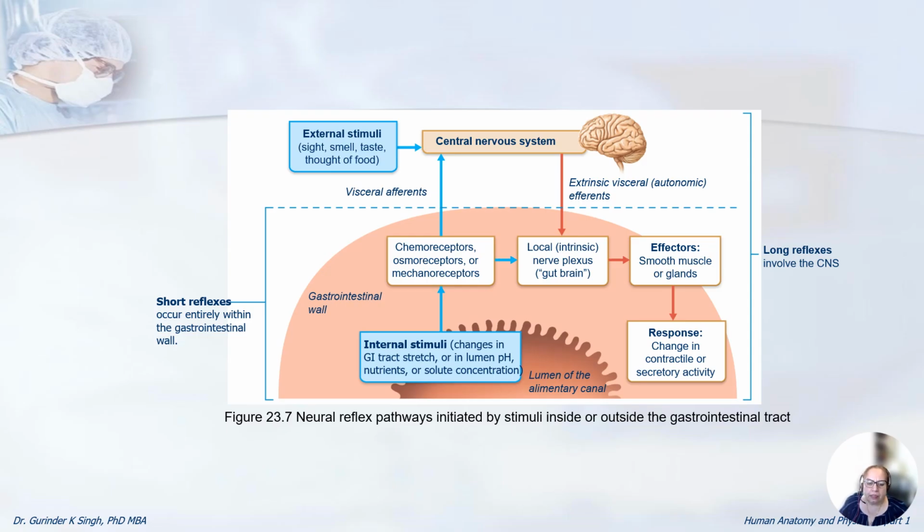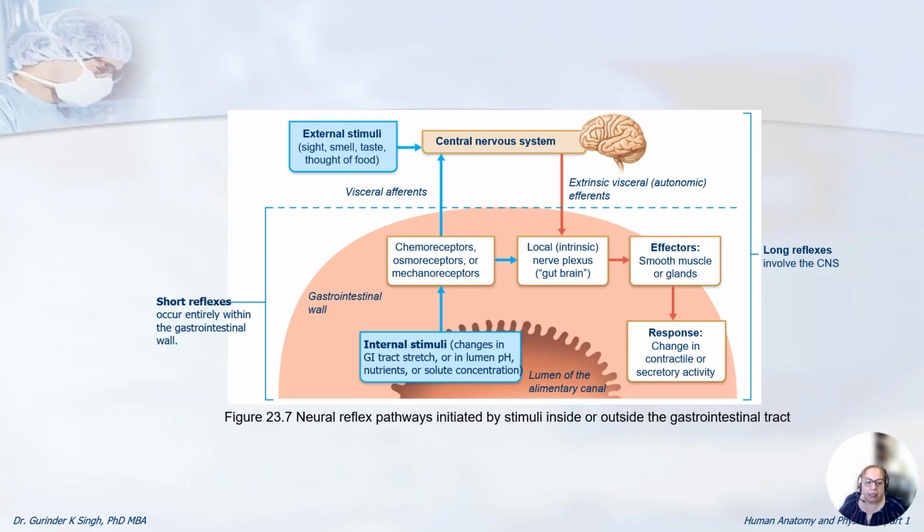Okay, so let's look at how the neural reflex pathways are initiated, and how the GI tract controls its motility with the help of these neurons, or the enteric nervous system.